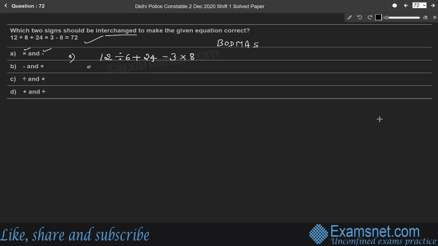So 12 by 6 is 2 plus 24 minus 3 into 8 is 24, which is equal to 2, which is not equal to RHS.